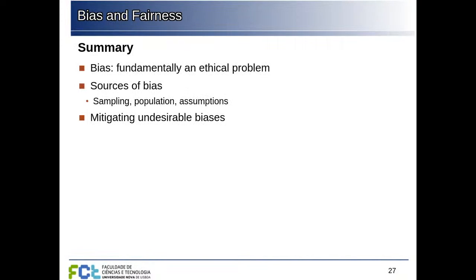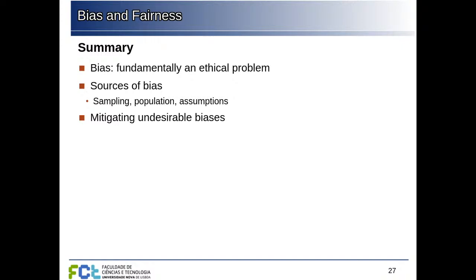Okay, so to sum up, we have to remember that the problem of bias and fairness is fundamentally an ethical problem. There are machine learning methods that we can use to try to solve that problem, and it's something that is applied in the case of deep learning whenever we need to use this to have some impact on people.